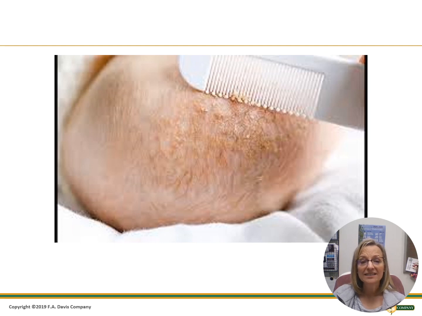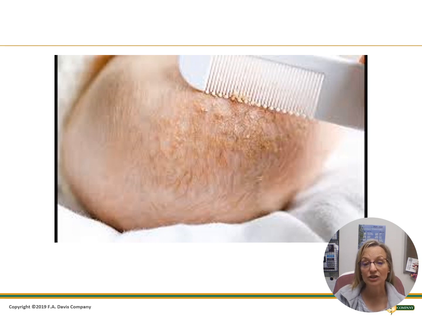Seborrheic dermatitis often can be called cradle cap when it occurs on the scalp. You can get it in different places. You can get it on the forehead, you can get it on the eyes, but it usually manifests with scaling and a greasy appearance on the scalp and in folds of the body. It can also be behind the ears. It does not itch.